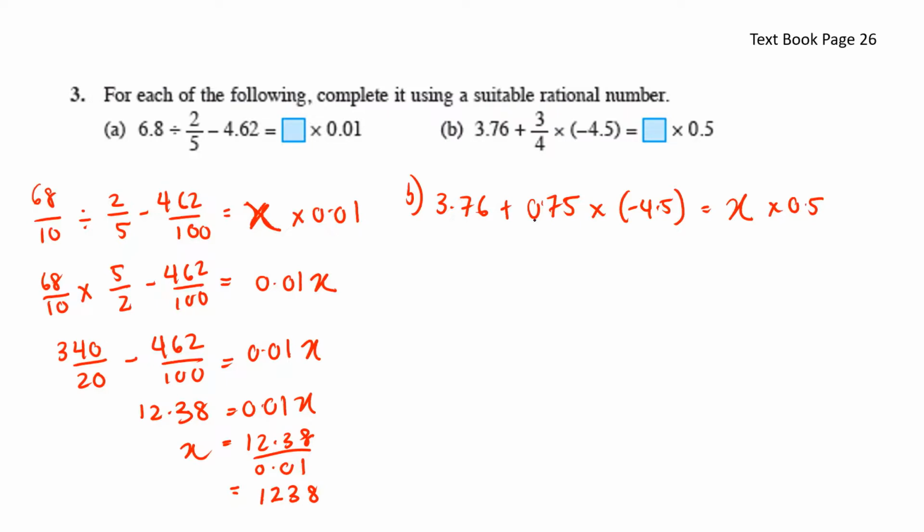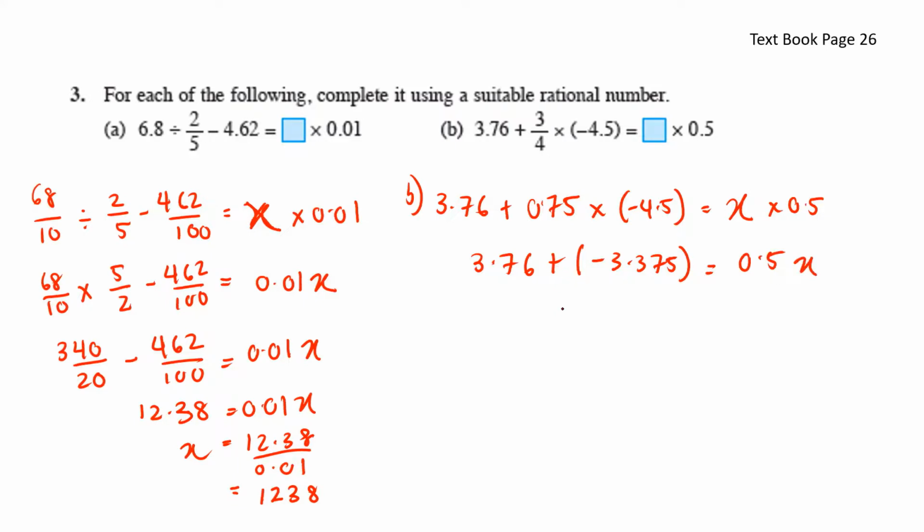So here we can solve this first. We have multiplication over here. Let's do that. We have 3.76. Positive negative gives us negative. So plus negative 3.375 equals to 0.5x.